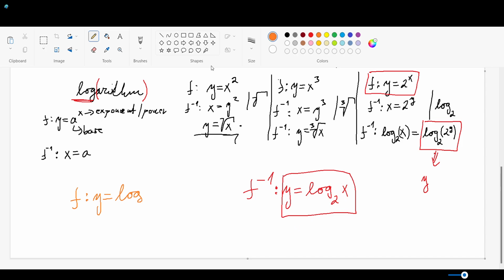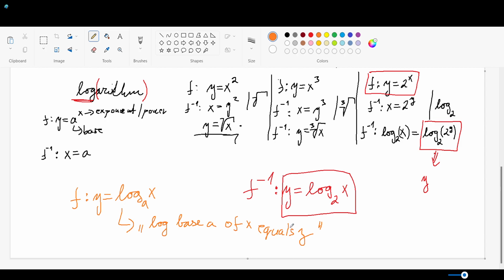So as I said, this small a is like a subscript, which says what is the base of the log function, and you simply read this one as log or logarithm base a of x equals y. Okay, so this is a kind of definition of a logarithm function.